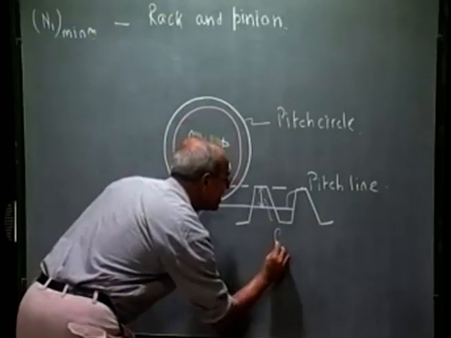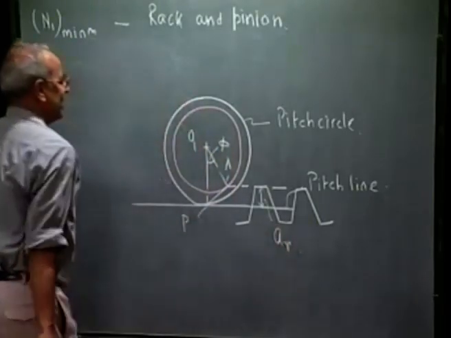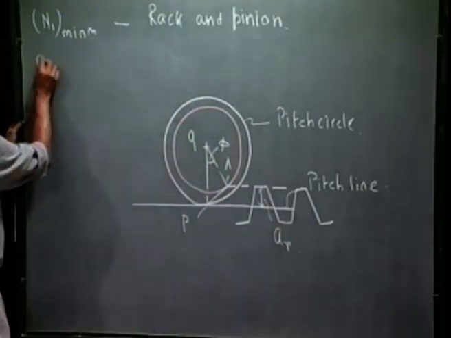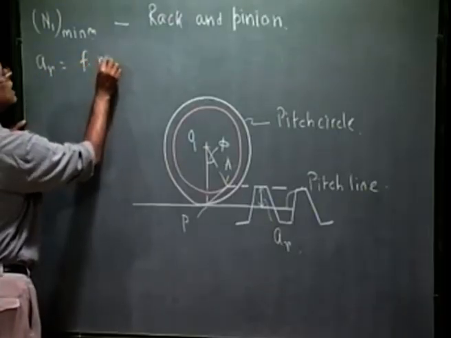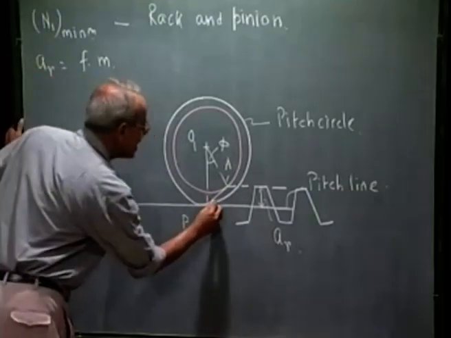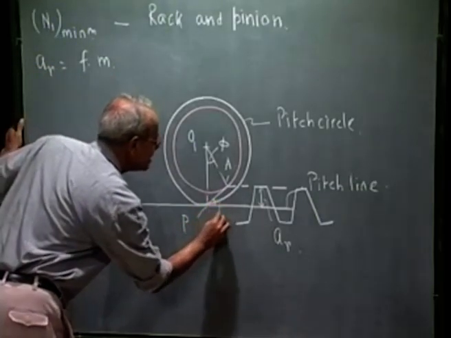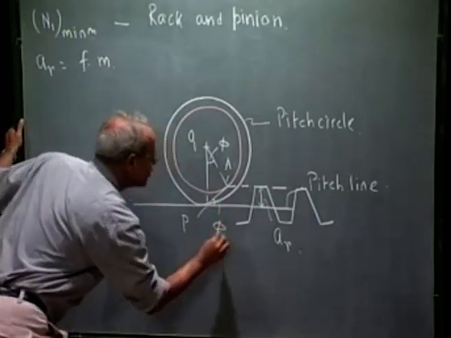This is the addendum of the rack, AR, which we write as F into M, and this angle is the operating pressure angle phi.